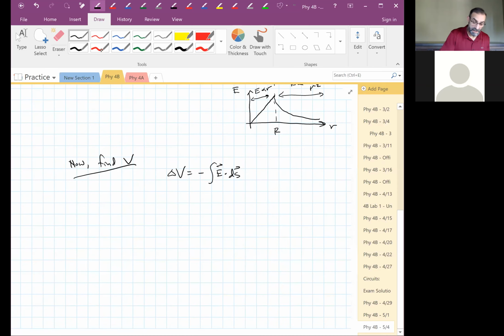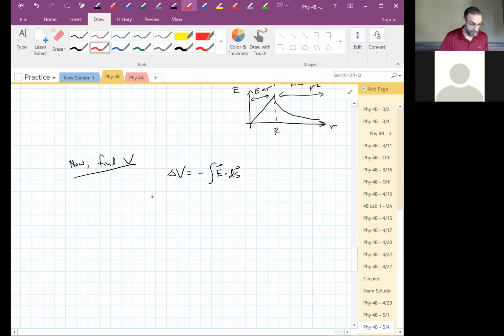This gives us a change in voltage. Well, that doesn't really help us unless we know what one of the voltages is. So if we start where we know what the voltage is, then when we find the change, we're really finding the voltage at the next place because we know where we started. This only really helps us find the potential everywhere if we start where we know what the potential is. And in this case, that's at infinity.